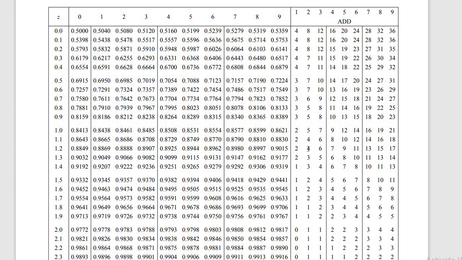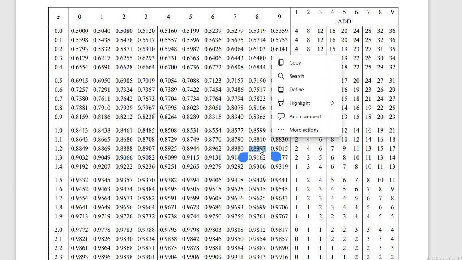Let me check it. This is my preference with the 4. 0.8997 plus 0.004. Oh, it gave me 0.9 on the dot.